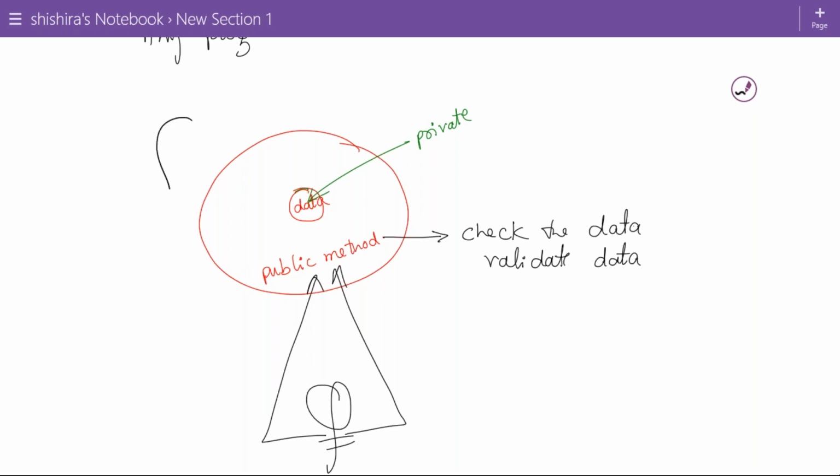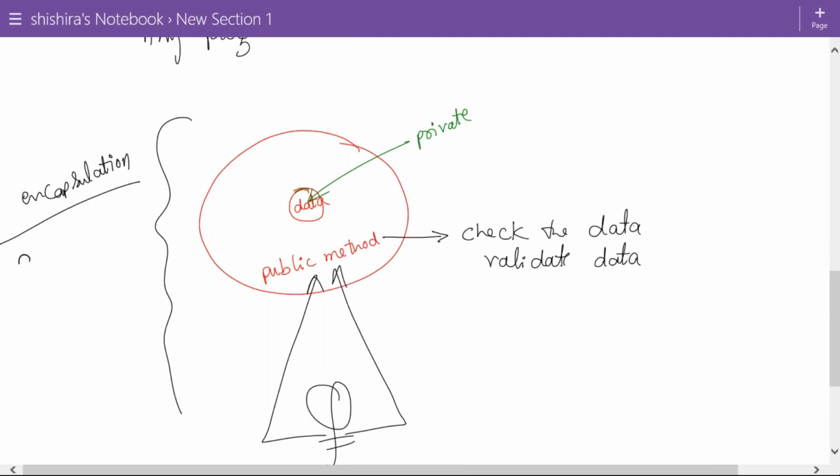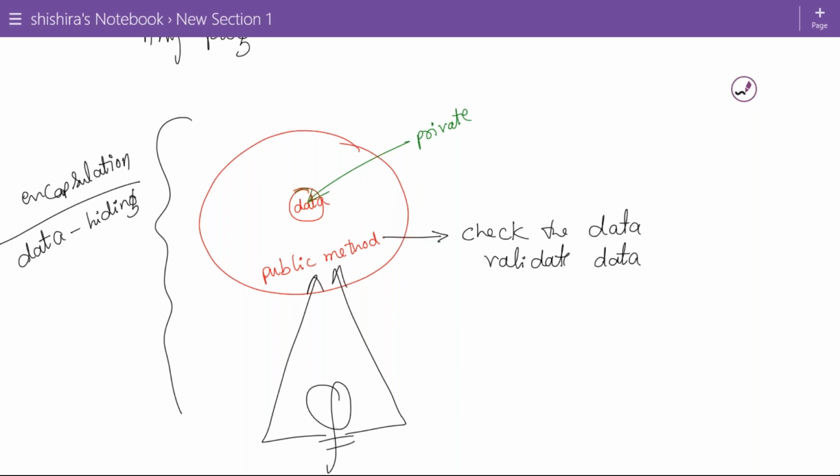In this way, overall, we achieve encapsulation. This concept is also called data hiding, or hiding the data.